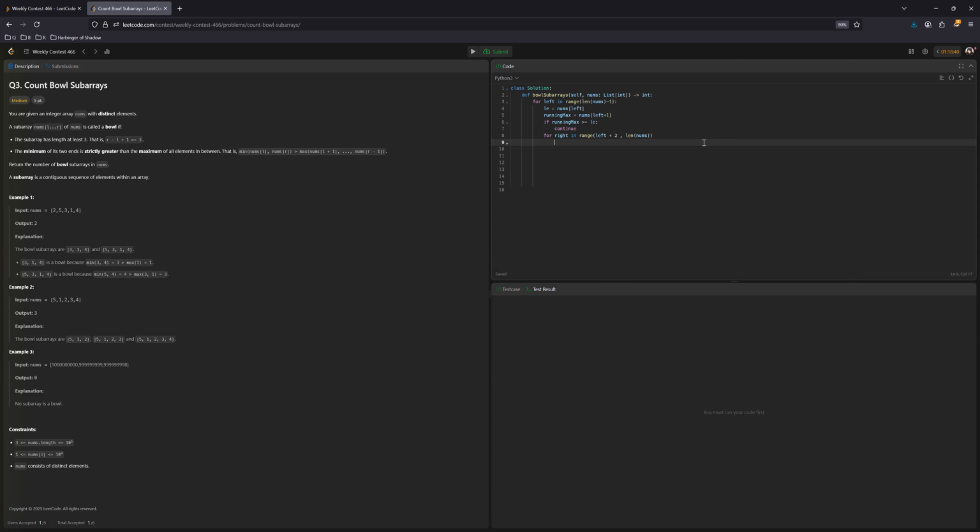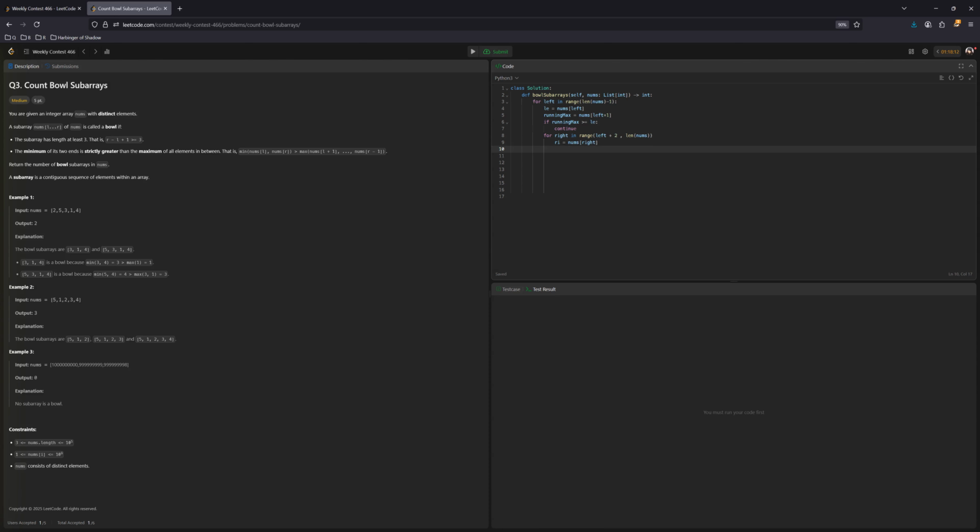Okay, now, right is allowed to be bigger than left, but that would be the end of the run. Right? Because it can't be in the middle. Okay, so Ri equals nums left, no, nums left.